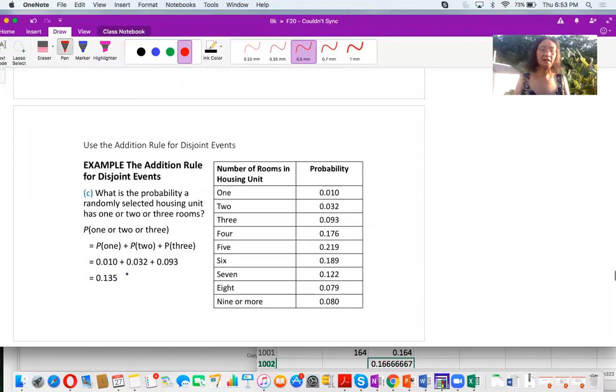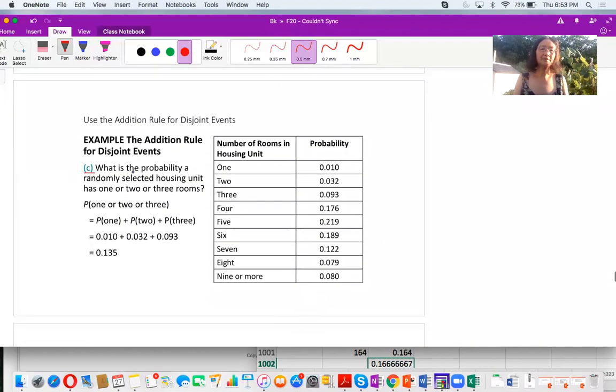And question C. What is the probability a randomly selected housing unit has 1 or more of 3 rooms? There are 3 events here. 1 room, 2 room, 3 room, they're all disjoint, all mutually exclusive.